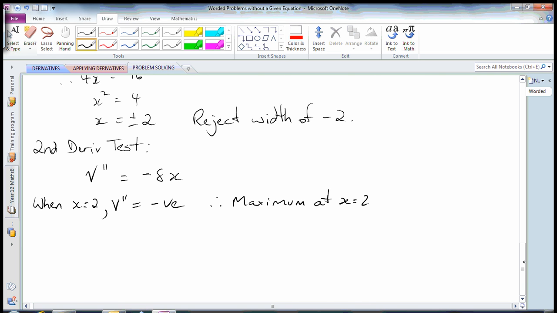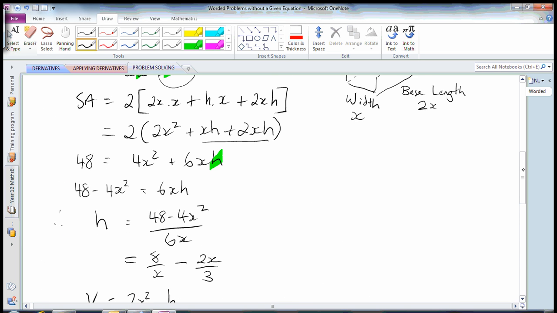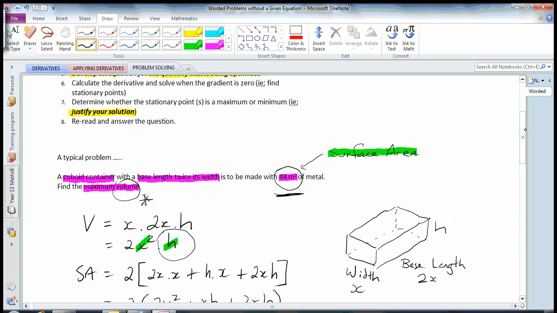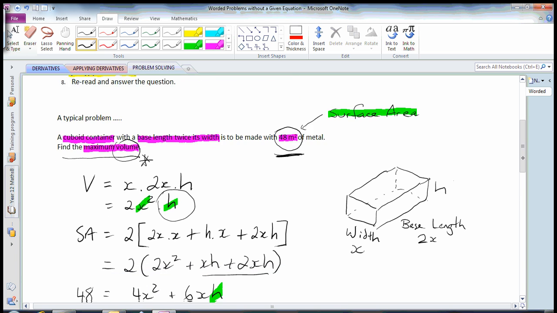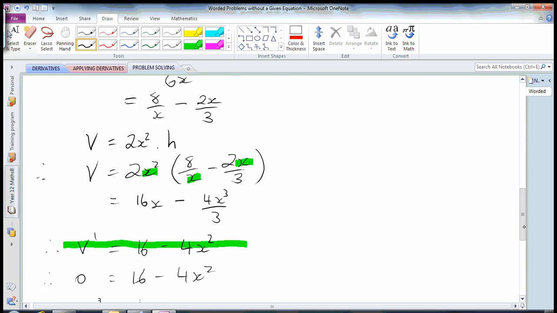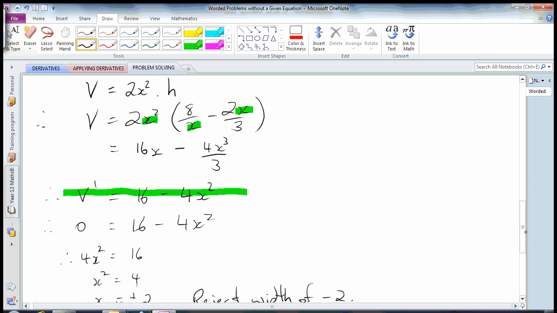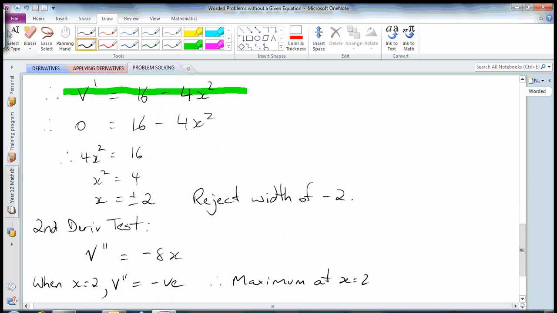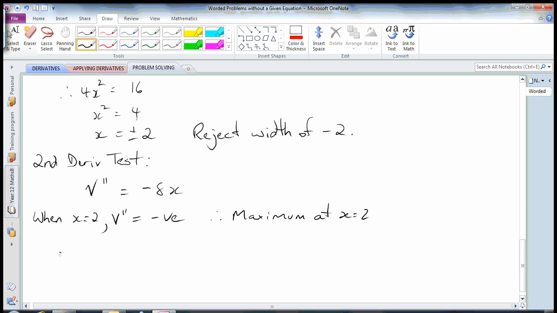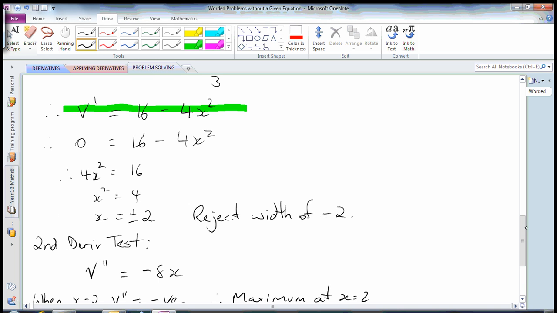Final step, we need to go back to the question and answer the question. The question isn't where the maximum volume occurs, it is find the maximum volume. So I actually have to put that back into my volume expression, which I have halfway up the page there. So there's my volume expression. So I need to put that back into there. So I'll just go back and grab that expression.